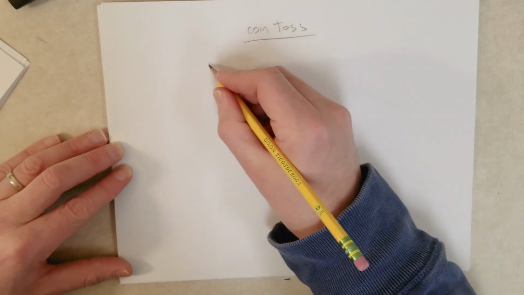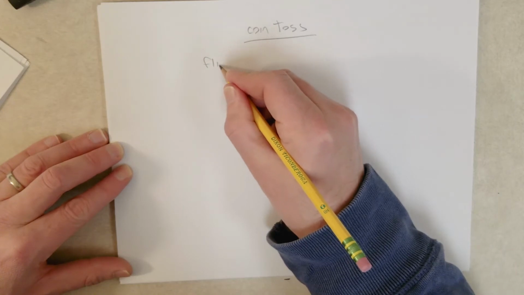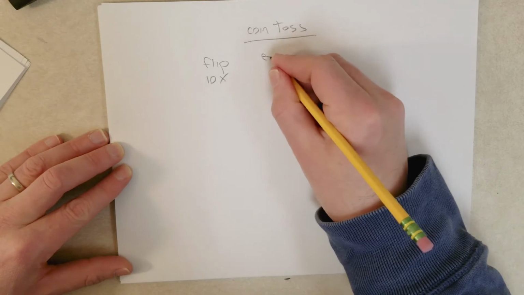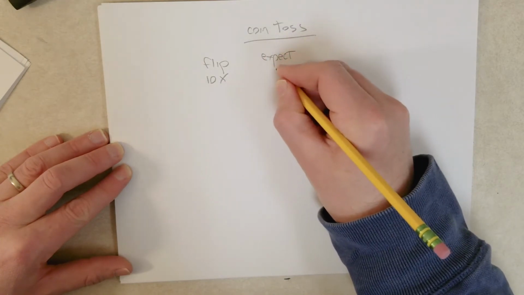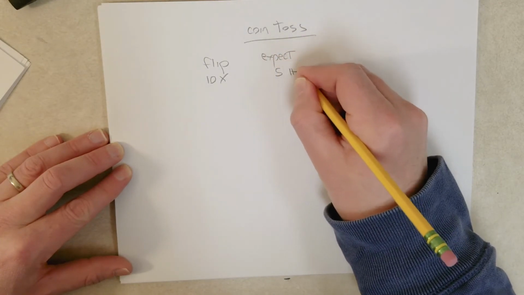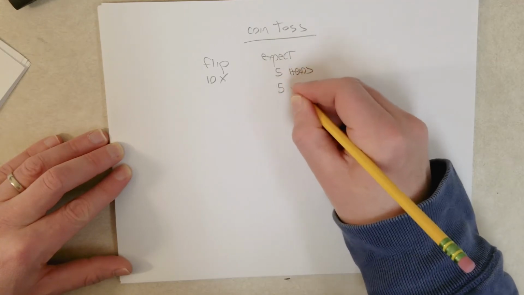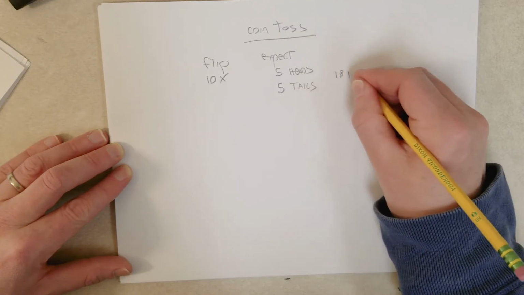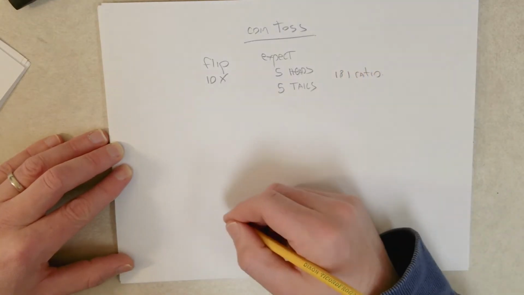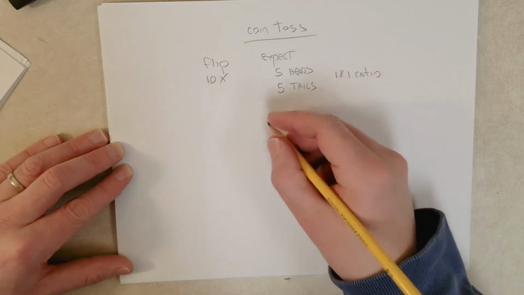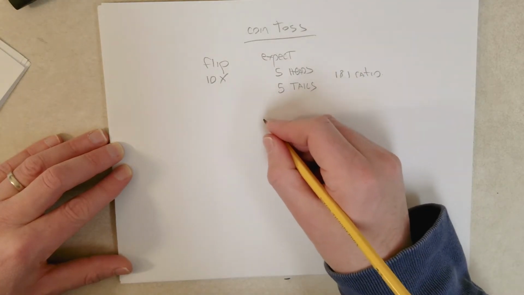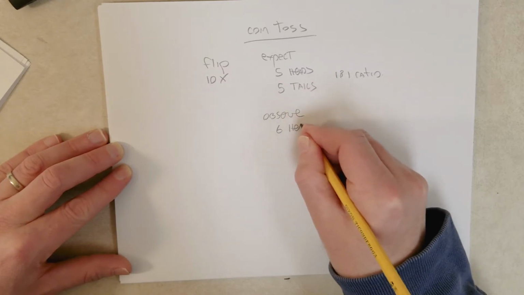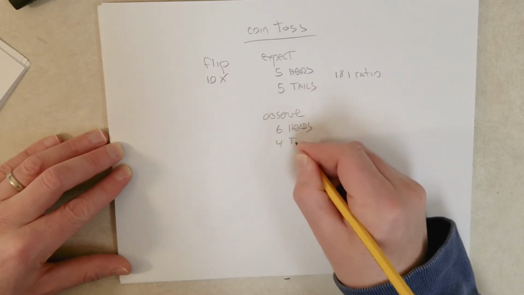So let's say we flip a coin 10 times. Now we would expect 5 heads and 5 tails for a 1-to-1 ratio. What happens if we do the experiment, flip a coin 10 times, and we observe 6 heads and 4 tails?